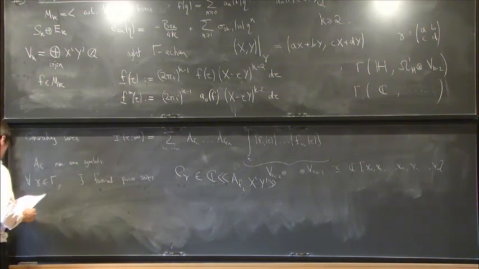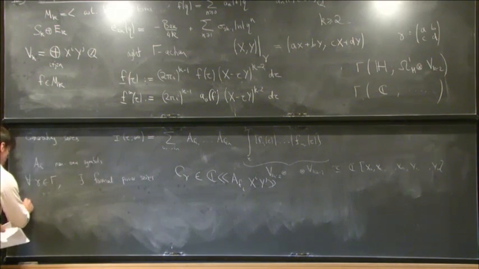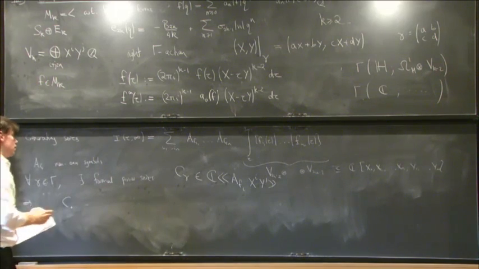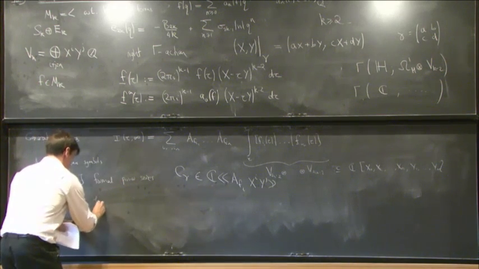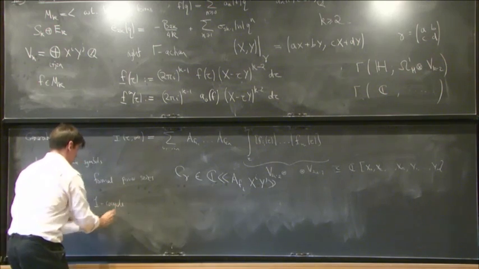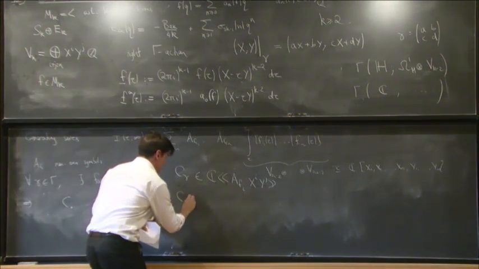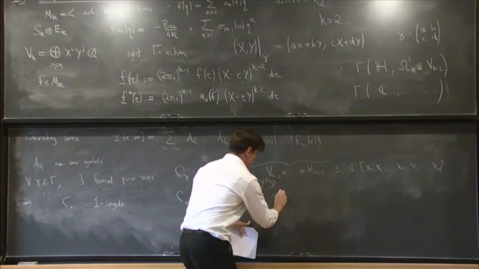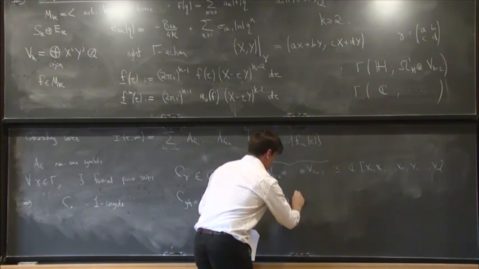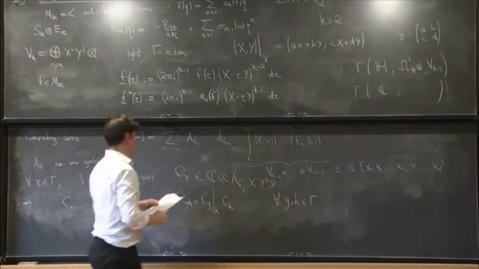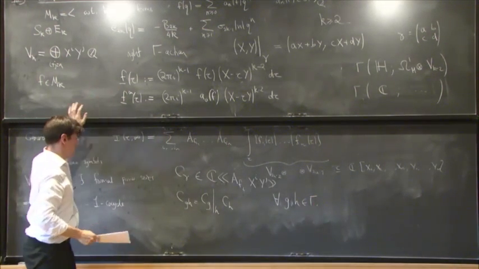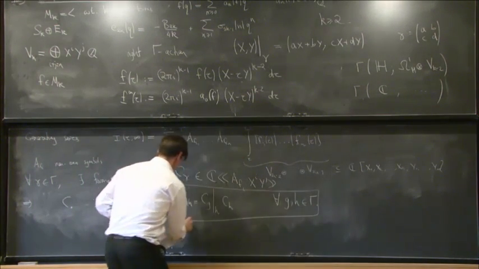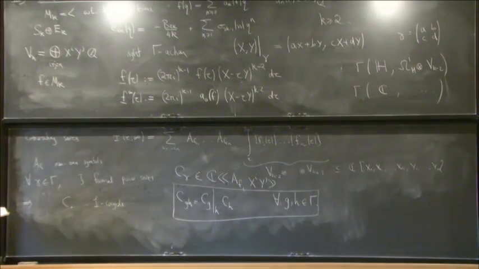And it's easy to show that this generating series of periods is a one cocycle. In other words, that C_{gh} equals C_g slash h times C_h for all elements in the group. That follows from the gamma invariance of this differential form. So we get some relations between the generating series of these integrals.